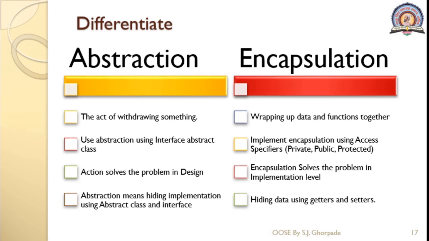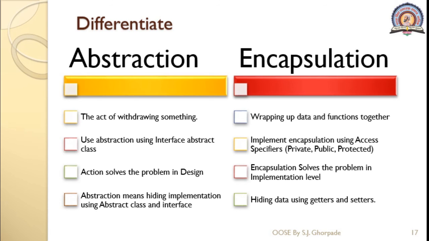Encapsulation is implemented through access specifiers, meaning we provide security on the data through different access specifiers like private, public and protected. Abstraction solves the problem at the design level, and encapsulation solves the problem at the implementation level.